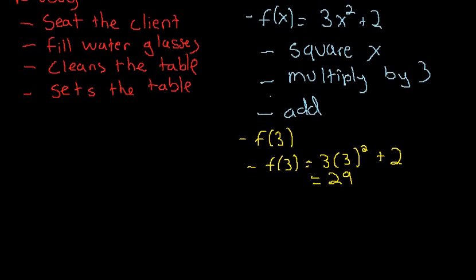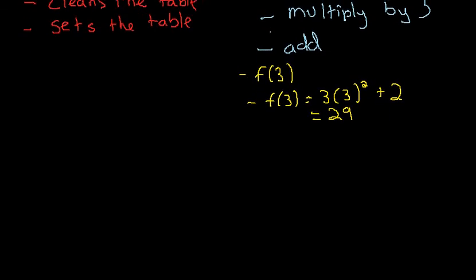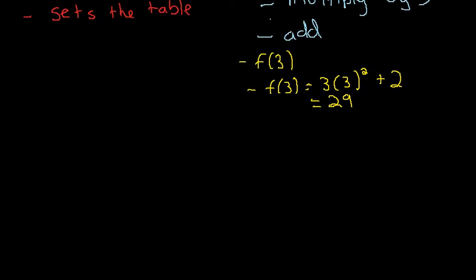Maybe we're going to have one that's a little bit more complicated though. So I'm going to rewrite f of x down here. So f of x equals 3x squared plus 2. But now let's say instead of f of a number we had f of some variable, f of m.